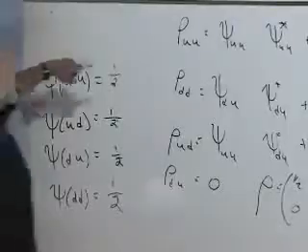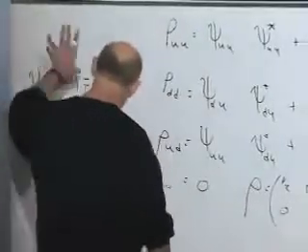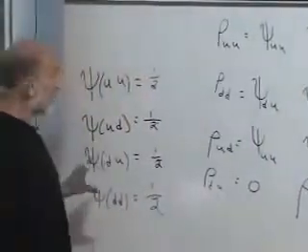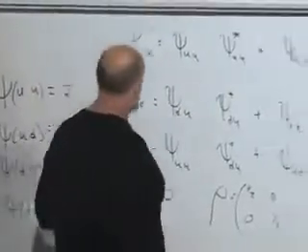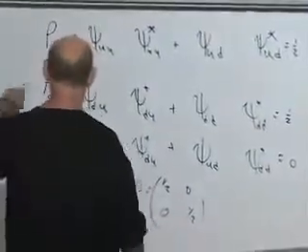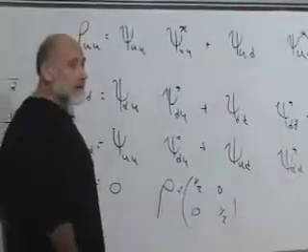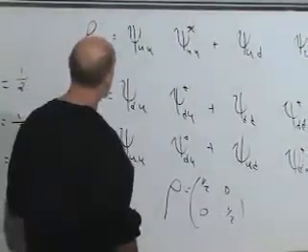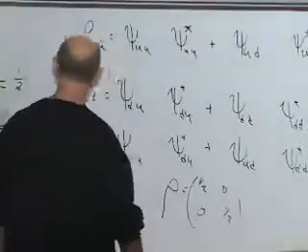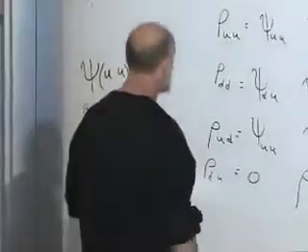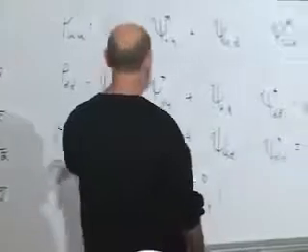Let's recalculate what we would get here if we had this situation. This is not the singlet state. All right, so now what do we have? We have up equals 1/2. So this is a quarter, right? And this is also a quarter.